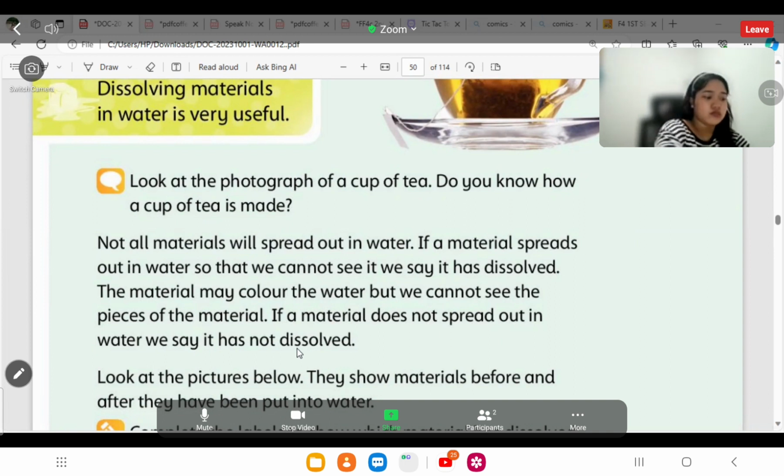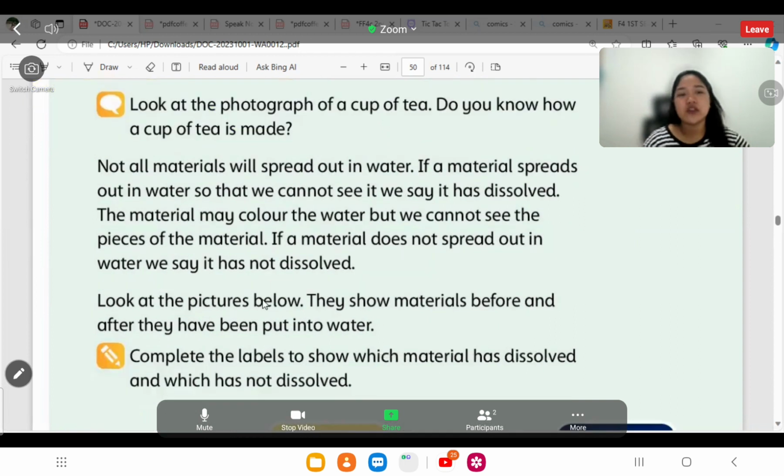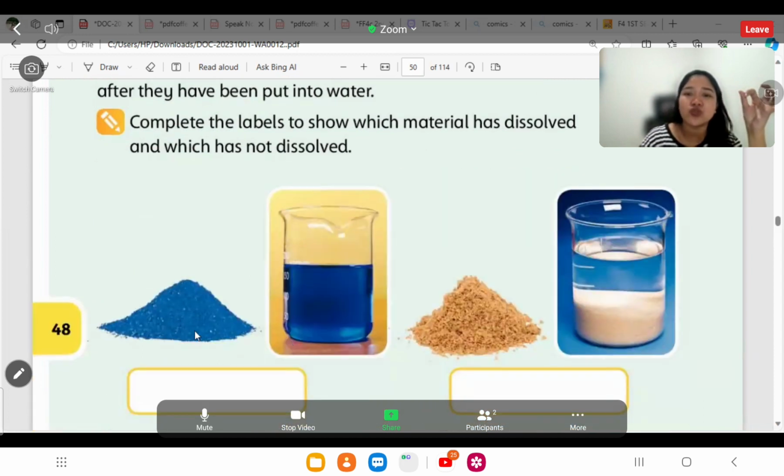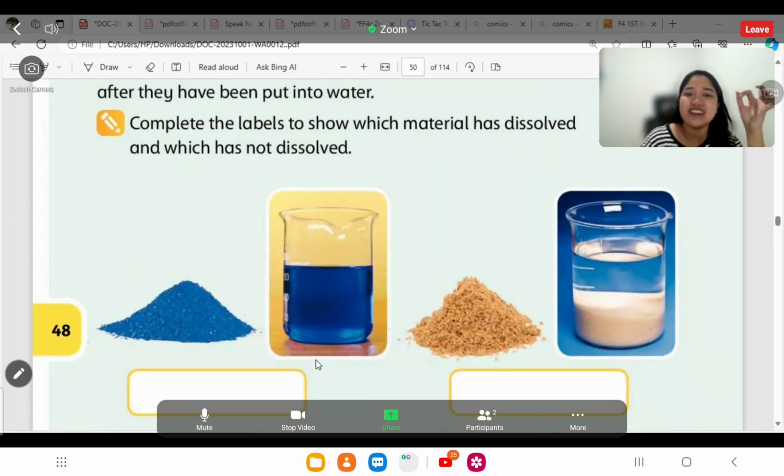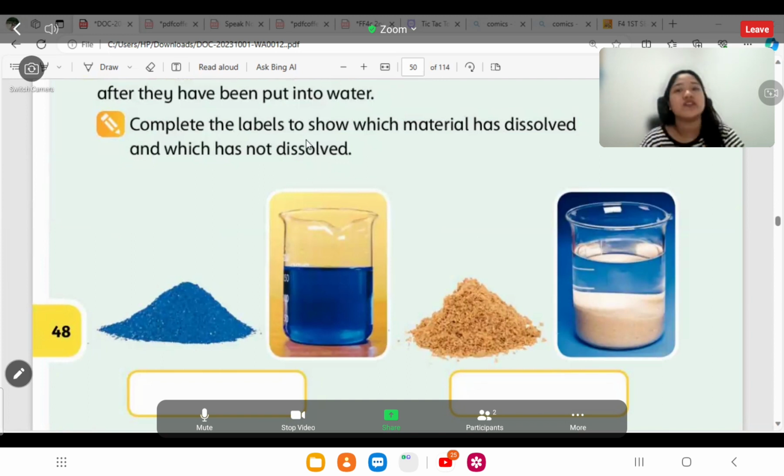It's just like salt. So just like here, as we look at the pictures below, they show materials before and after they have been put into water. Complete the labels to show which material has dissolved and has not dissolved.